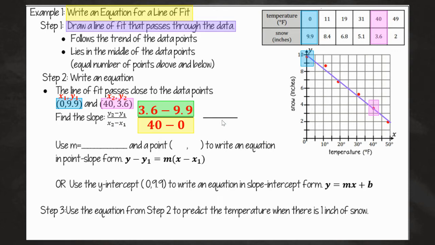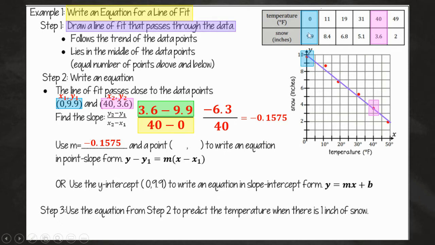We just have to put a point in the middle of it when we're using a calculator. And since we are allowed to use a calculator, you should not fret with decimals. So once I do my calculations, I get negative 6.3 divided by 40. And when I put that into a calculator, I get negative 0.1575. So that is going to be my slope, what I'm going to use for my m value.